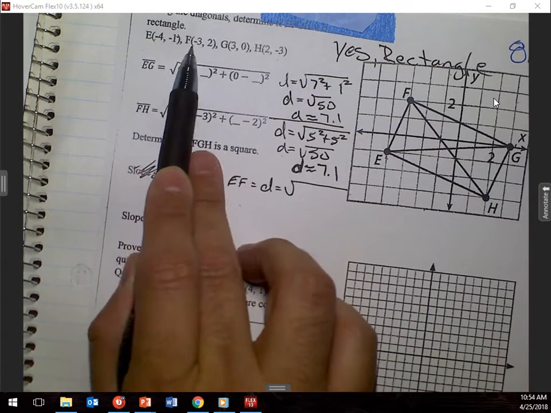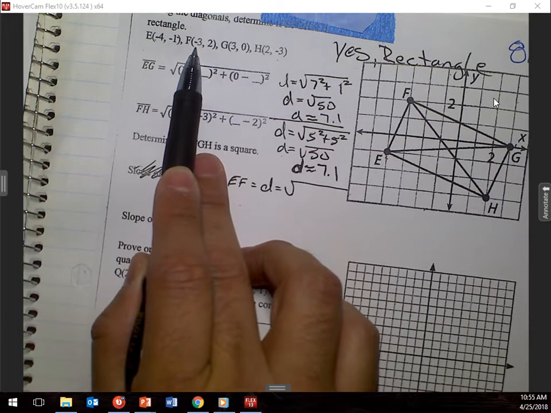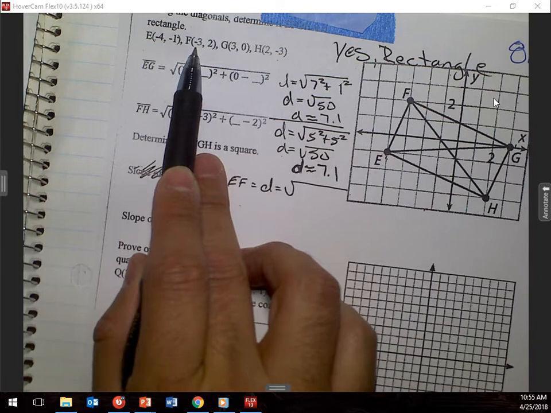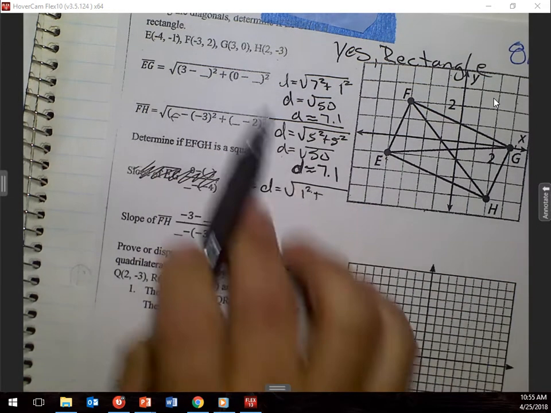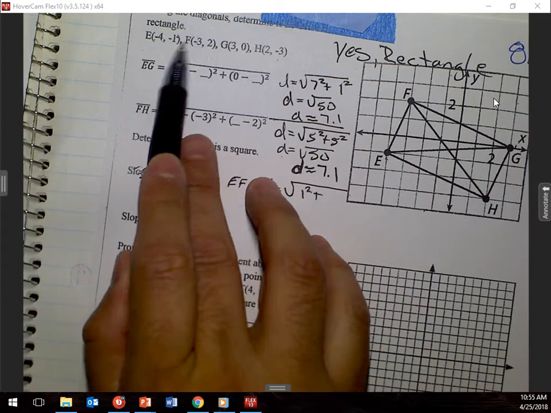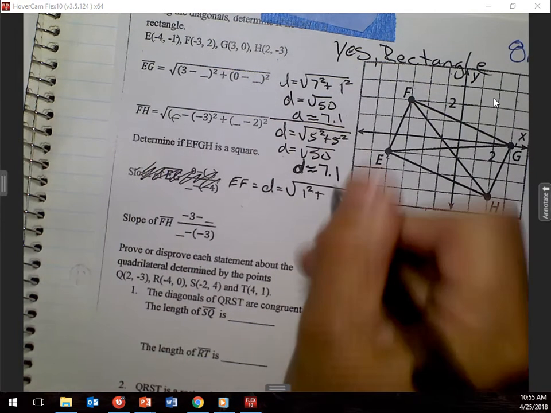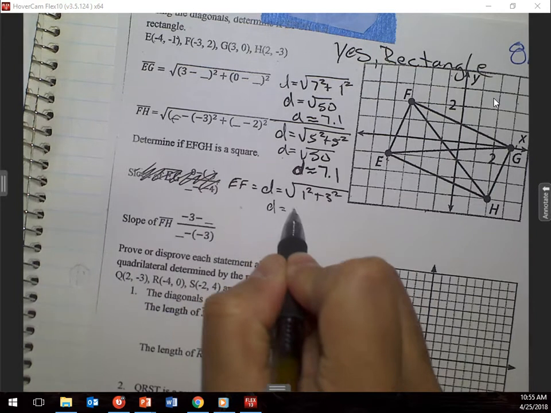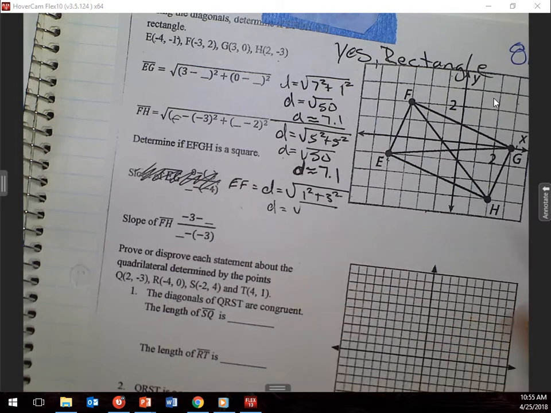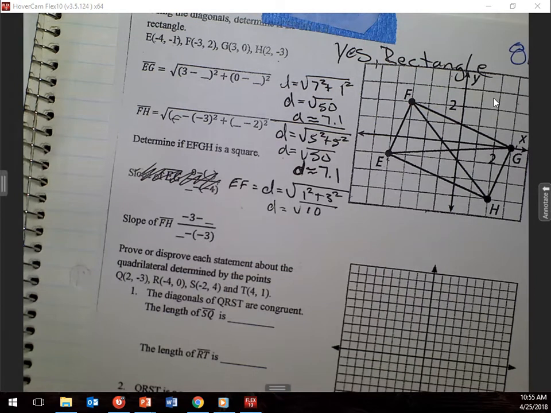From -4 to -3, that's just 1, right? Delta X is how far they're apart, so that's 1. What is my delta Y? 3. Very good. So D is equal to the square root of 1 plus 9, which is 10. Square root of 10, right?